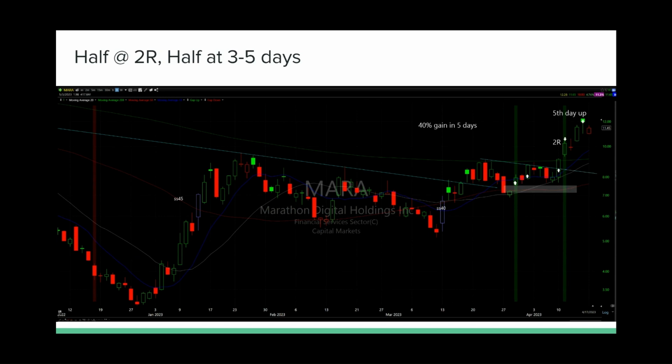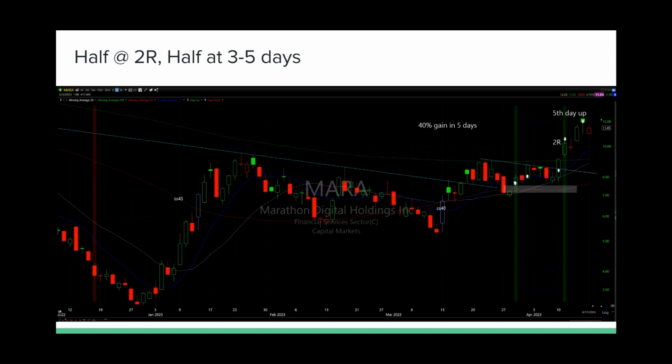The logic behind taking the partial off at 2R is that it finances my risk. Say I would have risked $100 on the trade. If the stock has gone up 2R, that means I'm sitting on an open profit of $200. If I'm selling half of the position there, that means I'm booking a profit of $100.